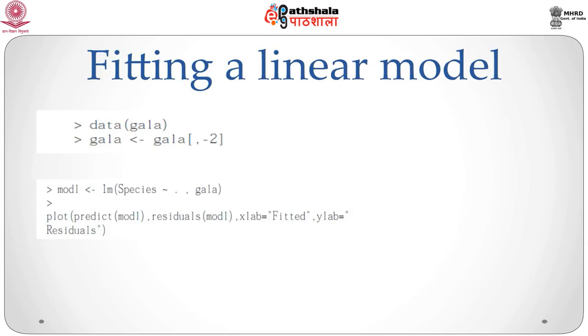We then fit a regression of species on all other variables except endemic, and we ask R to plot the residuals from this fit. So plot predict L mod, residuals L mod will give us a plot of the fitted values against the residuals.